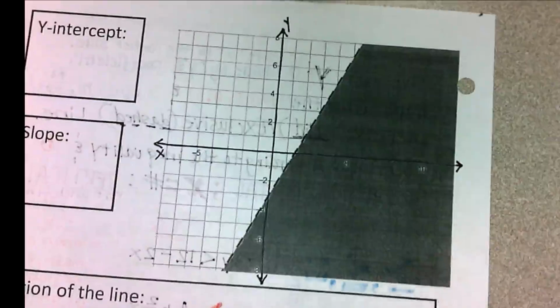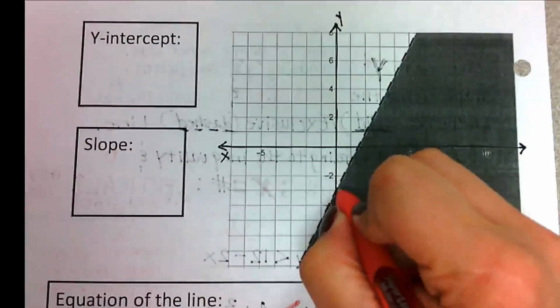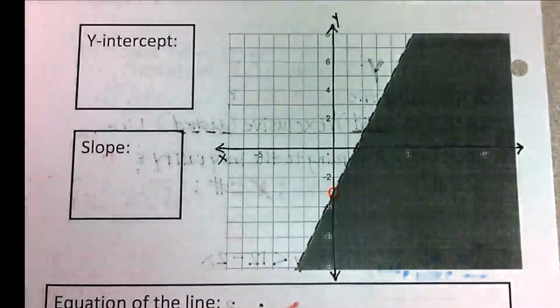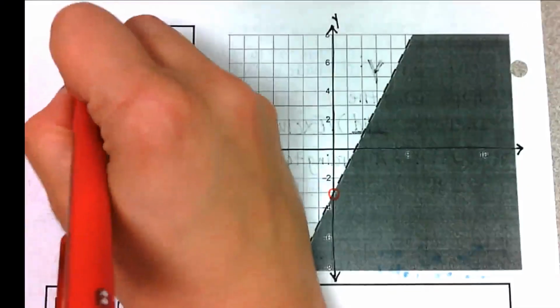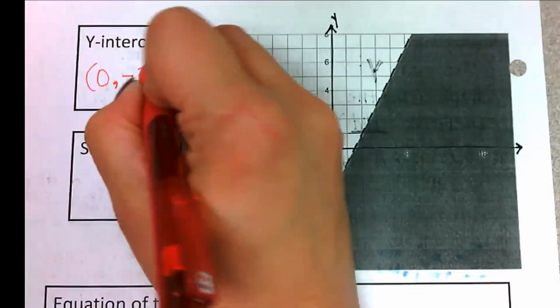That should help out. Now that we can see that a little bit better, our y-intercept is right here. So we would write (0, -3).